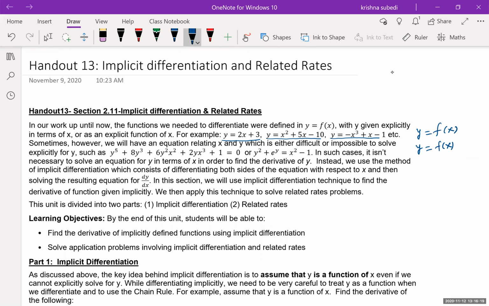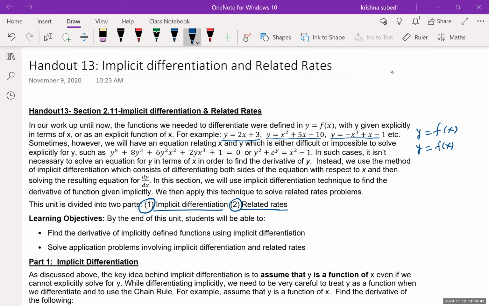So in this section, we'll be focusing our attention on the method called implicit differentiation and then related rates. Two main concepts that we'll be talking about. I want to divide this section into two parts.